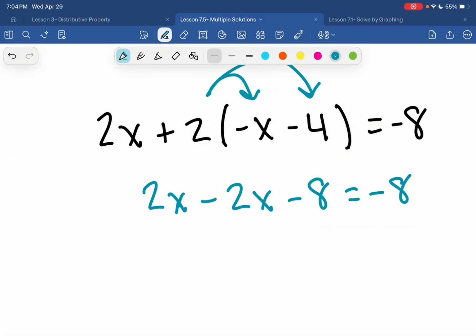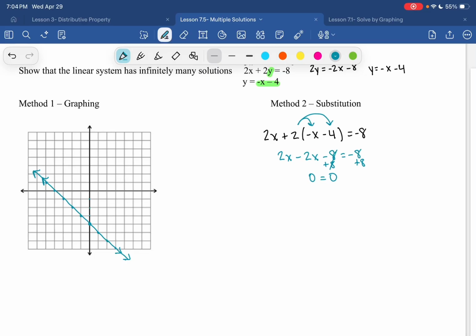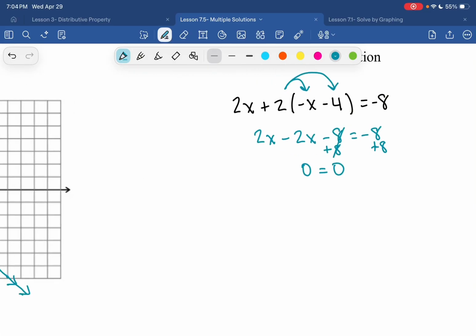Okay, so negative 2x plus positive 2x are going to give you 0. And if I add 8 to both sides, I now have 0. So it has infinitely many solutions.